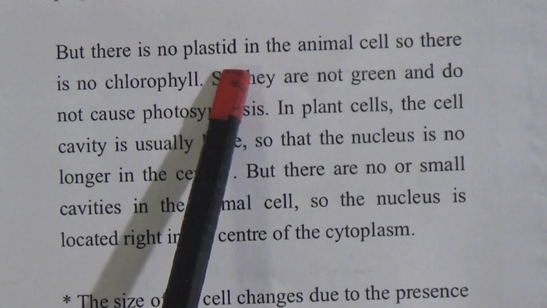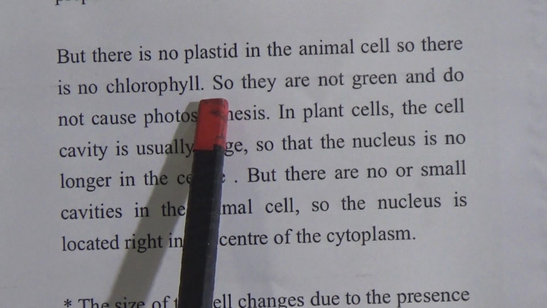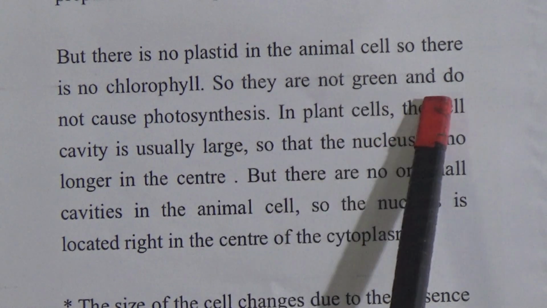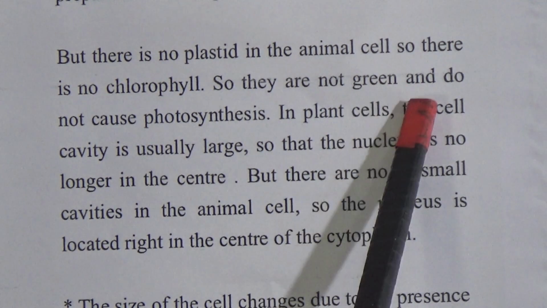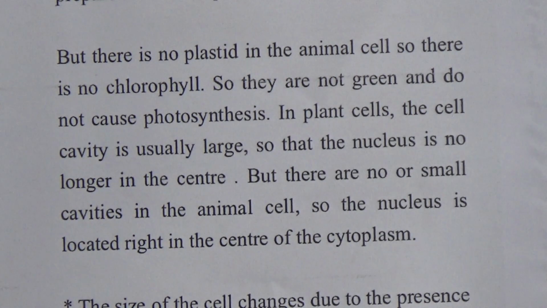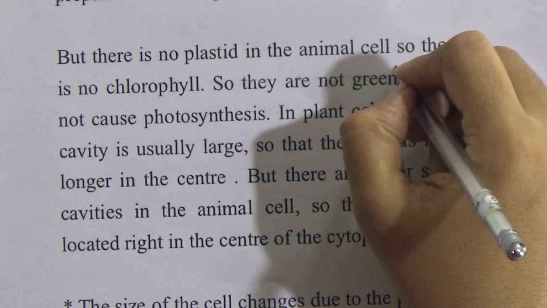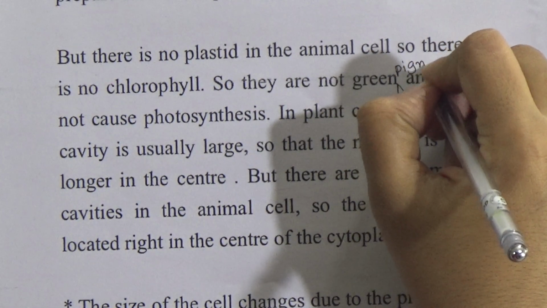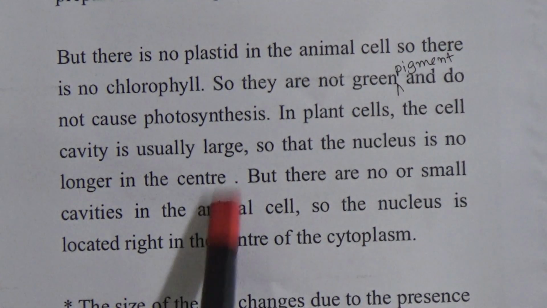But there is no plastid in animal cells, so there is no chlorophyll, there is no green pigment and they do not carry out photosynthesis.